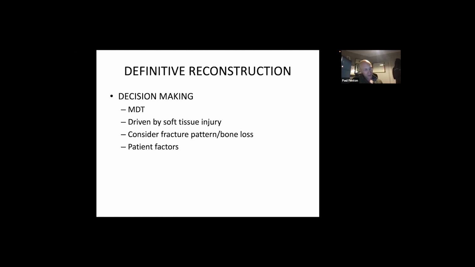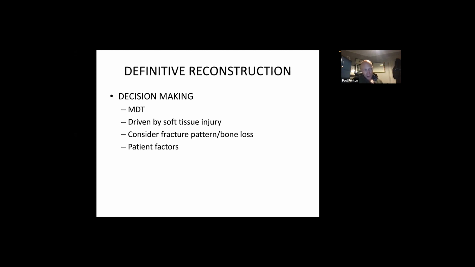Sometimes they can find tissue locally, within the same limb or same limb segment, that they can move around to cover the fracture. But often they're going to need to bring in tissue from outside, so do free tissue transfer from an uninjured limb or part of the limb.